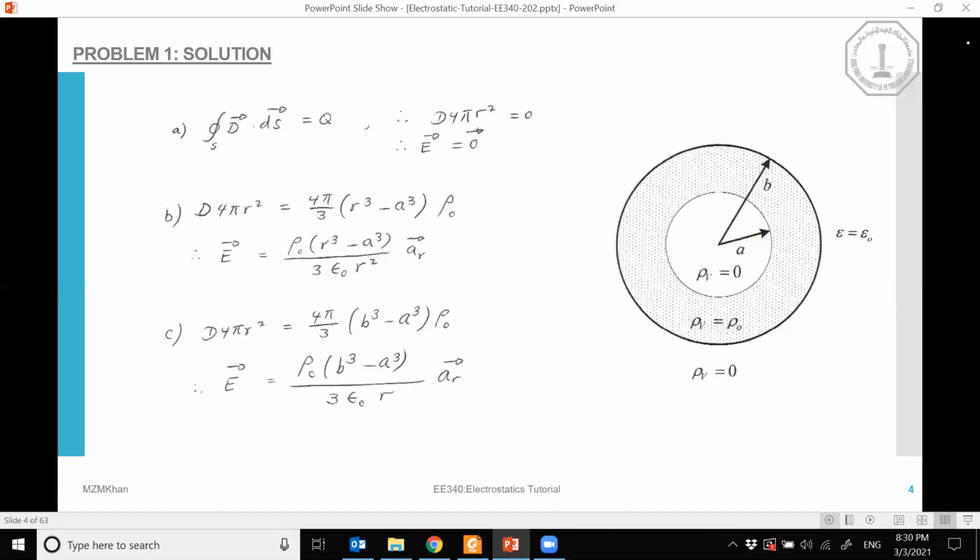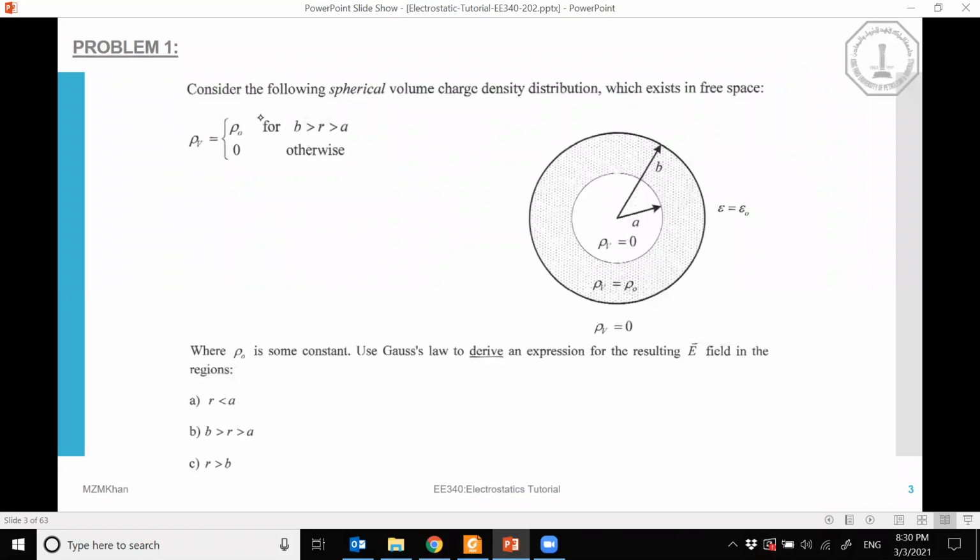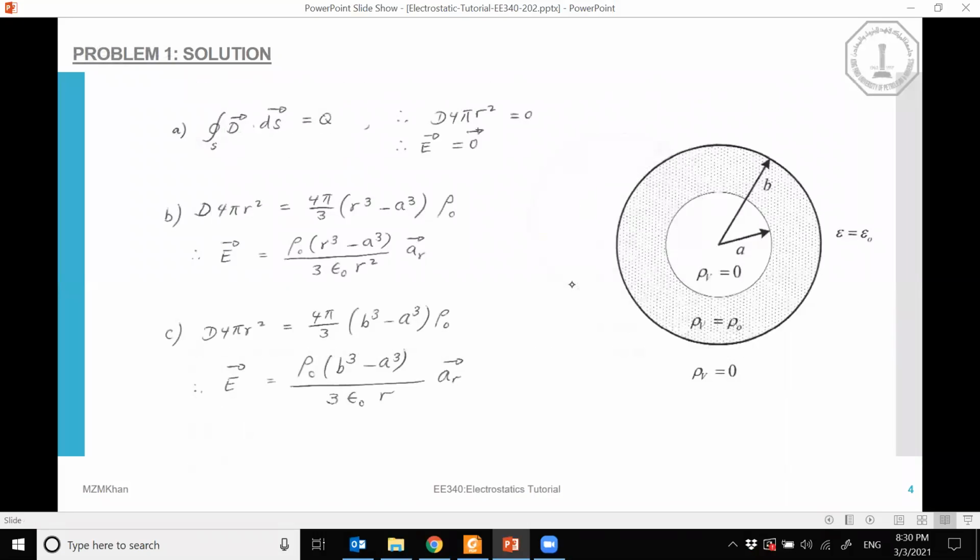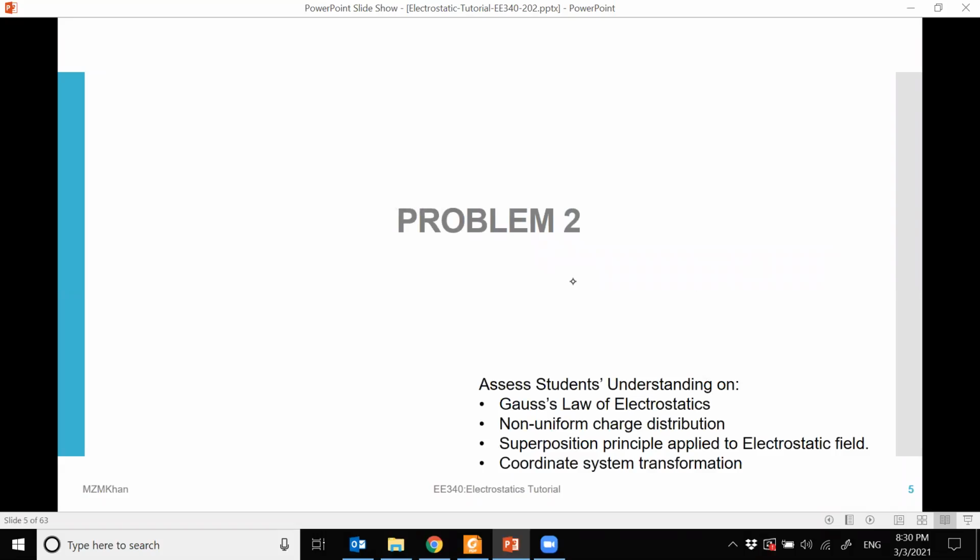So this is how you can find it for different regions. Now, this was the case where, if you remember, my charge density was constant. Now, suppose my charge density is not constant, then how should you do it?